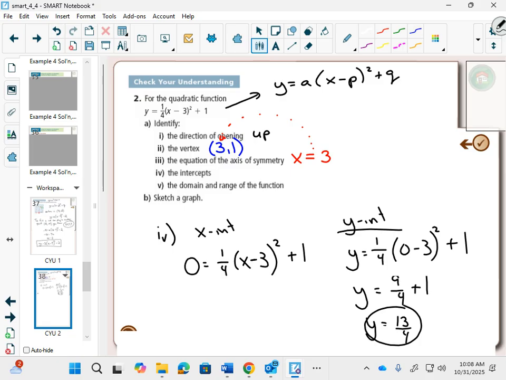Okay. Now, if you had done part B first, you would already be able to say, and I'm really happy with this, that y is equal to 13 over 4, and that there are no x-intercepts. Does it make sense? If it's opening up, and your vertex is at 3, so you move over 3 and up 1, will it ever hit the x-axis?